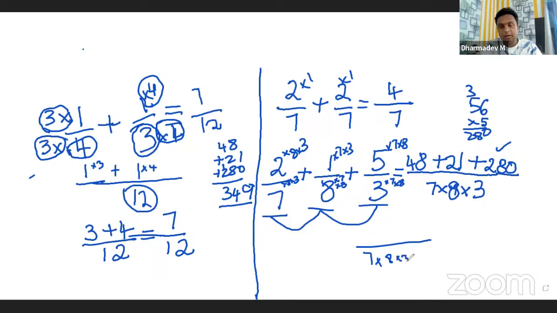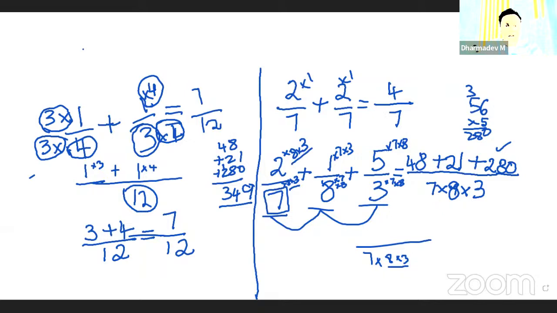Did you get that? So in the 7 times table, I have 7. What I don't have right now is 8 times 3, so that I multiply in the numerator and denominator. Are you clear with this step?